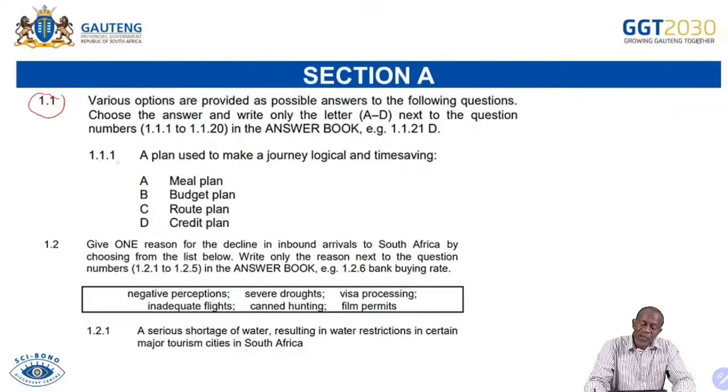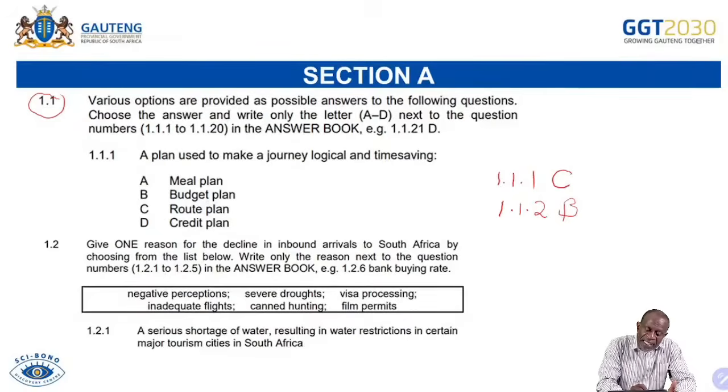Let's look at the example given. 1.1.1, as you can see from the question paper, says a plan used to make a journey logical and time saving. So in your answer book, you are going to write 1.1.1, and if the correct answer is number C, the route plan, you will write your answer as C. That's how you should answer this. And when you move on to 1.1.2, which is the next question, and you find the answer is B, this is how you should answer.